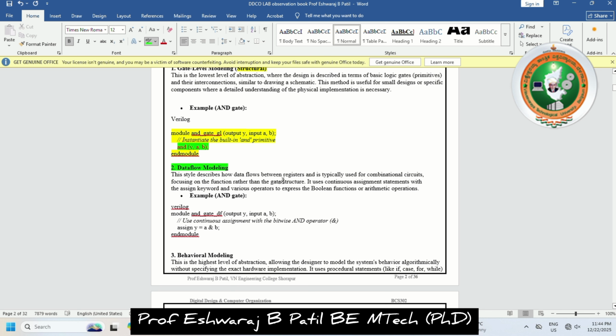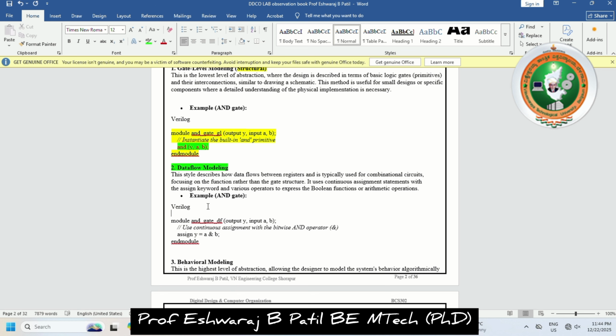Instead of the gate structures, here we are concentrating on the functionality of the gates, and it uses continuous assignment statements like the assign keyword, and also wires.